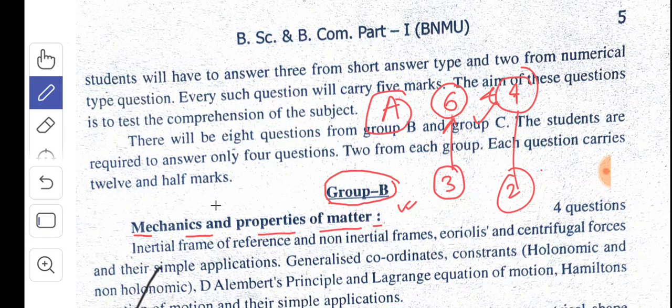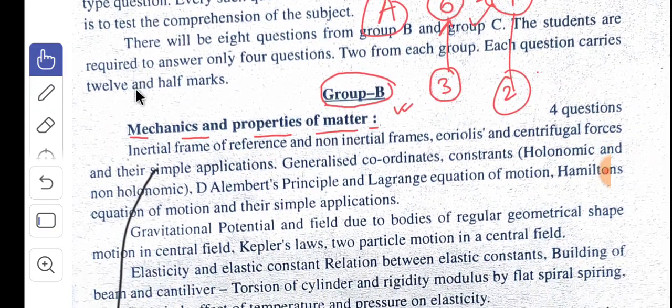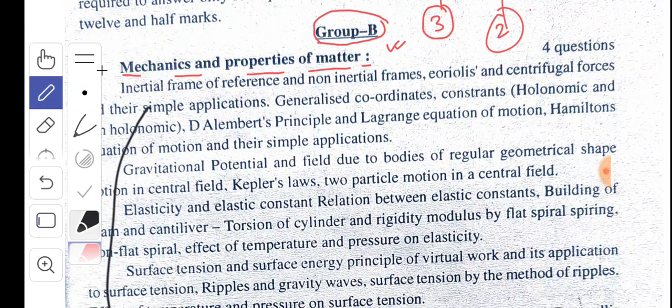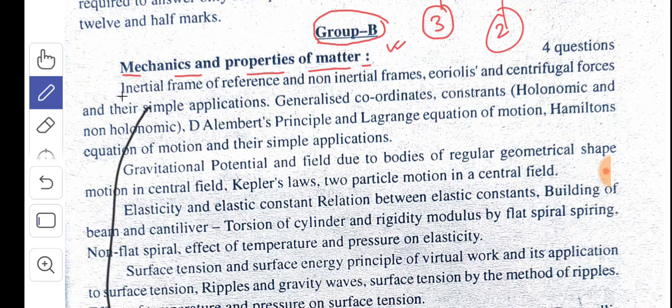Now let's see the syllabus one by one. This is the syllabus for group B: inertial frame of references and non-inertial frames.